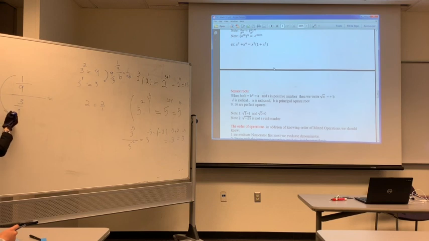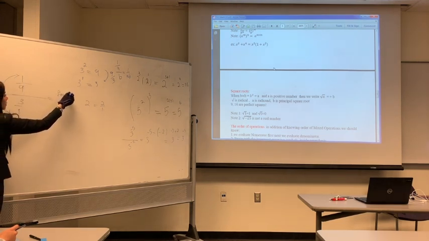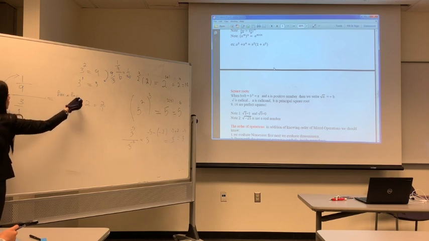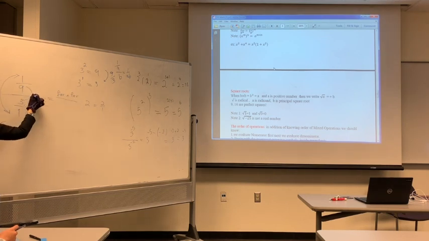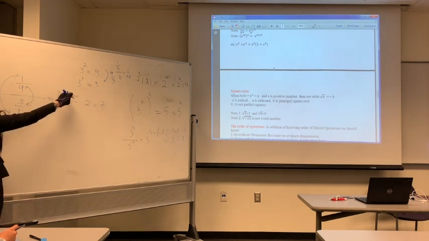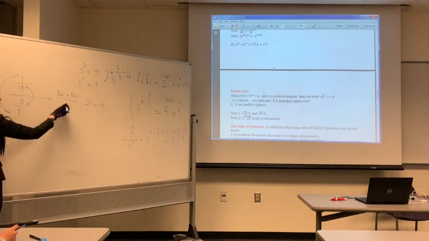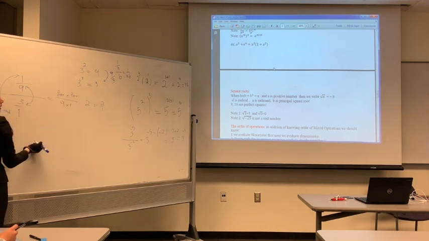So far multiply far goes to the numerator. Close multiply to close, because these two are close together, correct? These two are far from each other. Far to far goes there. Close to close goes here.